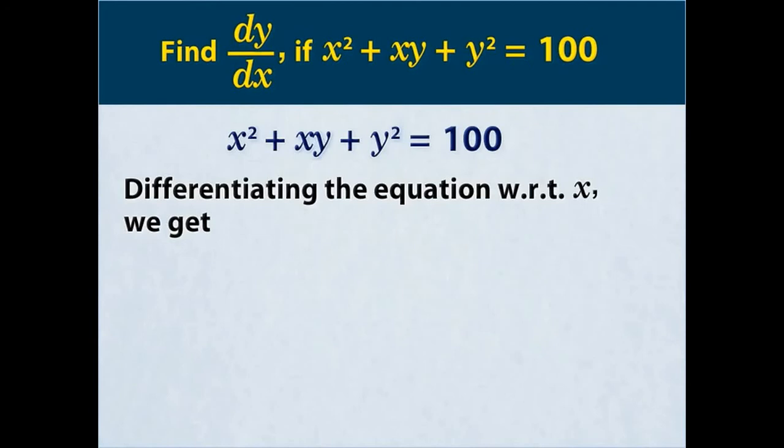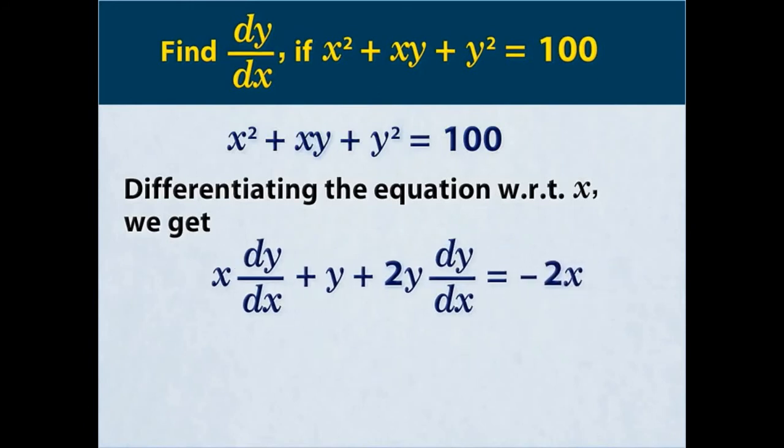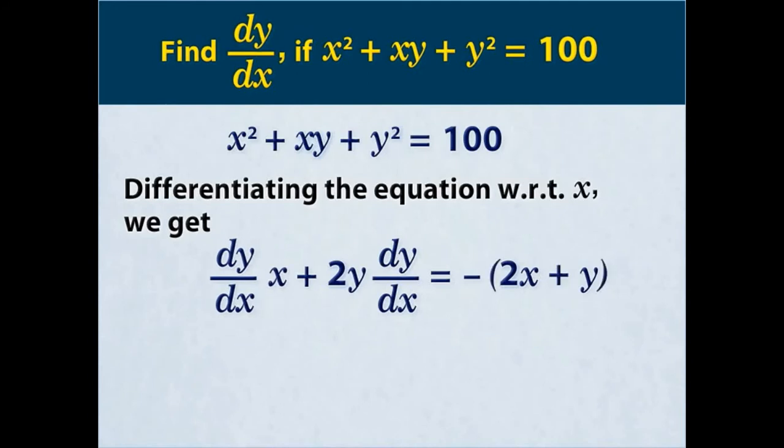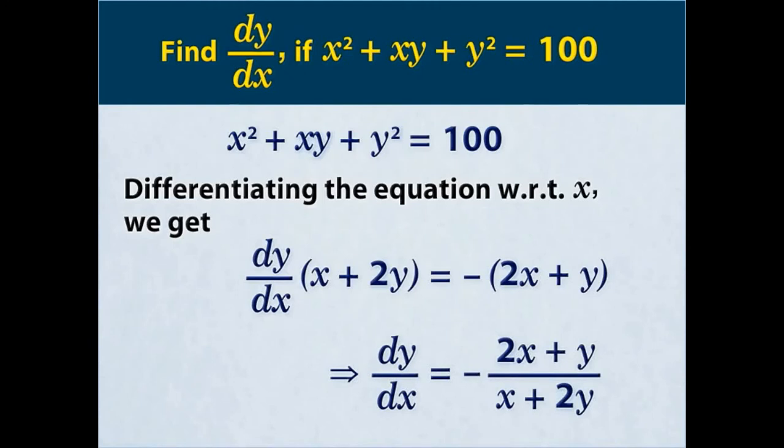Applying the chain rule and product rule for differentiation, we get 2x plus x times dy by dx plus y plus 2y times dy by dx equals 0. Solving this equation for dy by dx, we get minus 2x plus y upon x plus 2y.